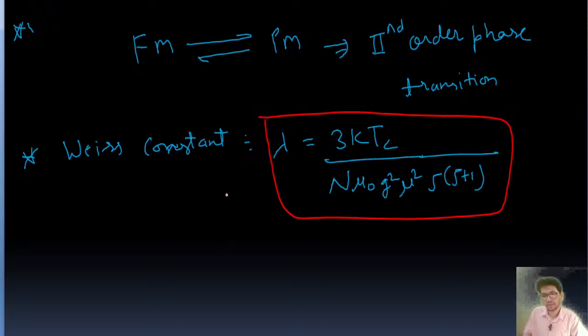This is second order phase transition, and this is the Weiss constant lambda value 3 k Tc upon n mu 0 g square mu square j into j plus 1. Okay, j is quantum number and mu is the magnetic moment of the material.